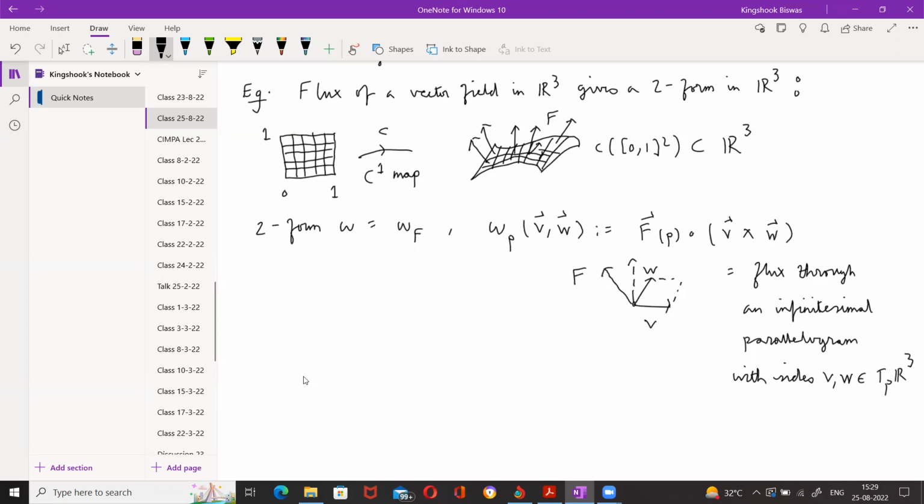So what will the contribution of each parallelogram be? It will be basically omega at a point.